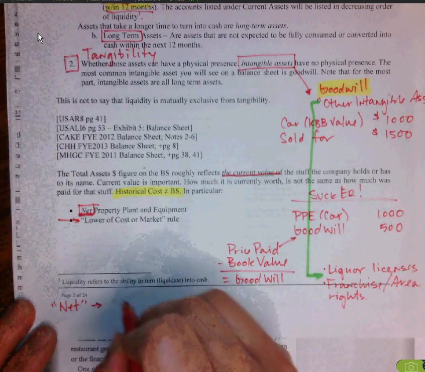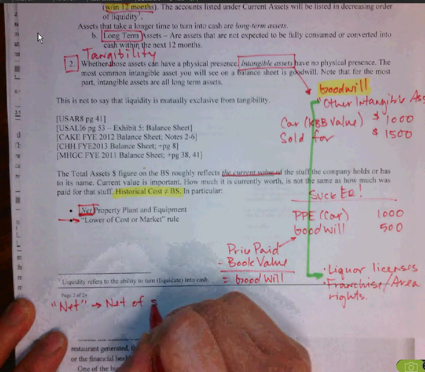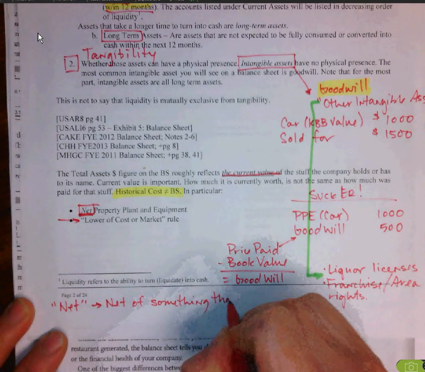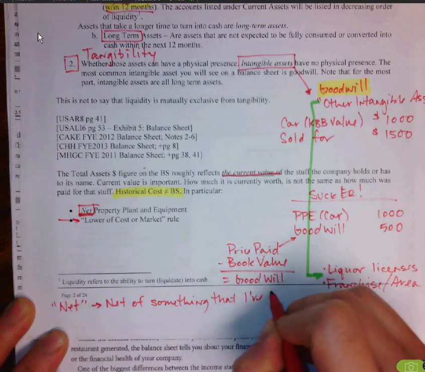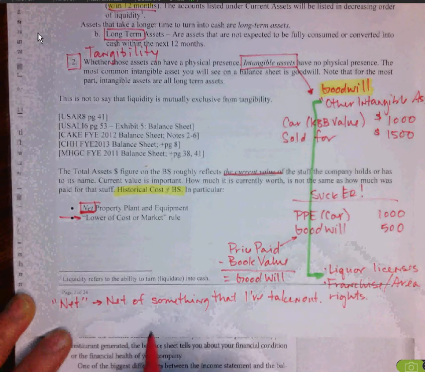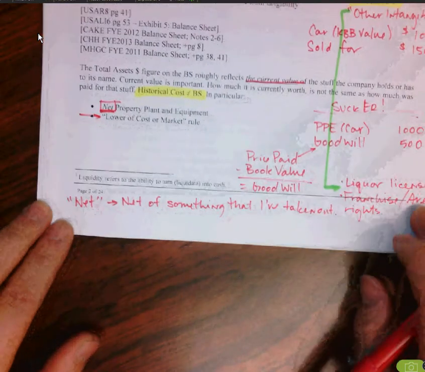is net of something that I've taken out. Okay, whenever you see the term net, it just signals to you that something else has been taken out of the equation. Something has been removed from that number.